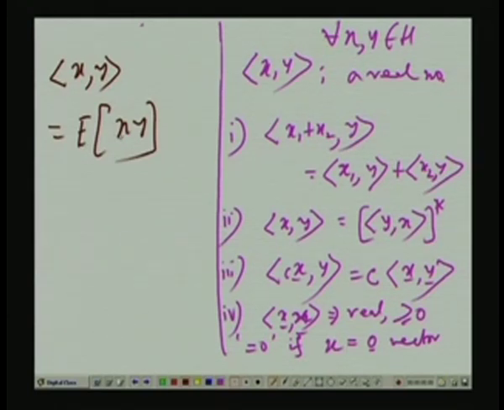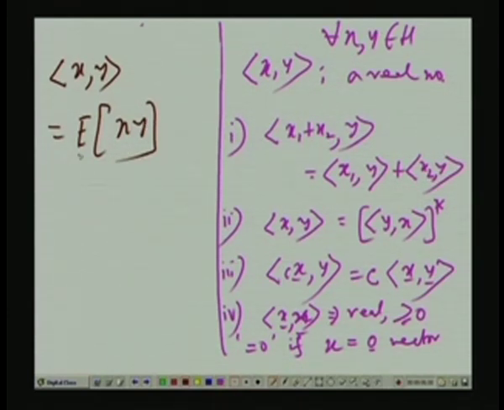Similarly, for E of cx times y, you can take c out because c is a scalar and therefore non-random, it can go out of the expectation, and you have c times E of xy. This is satisfied. And lastly, the inner product of x with itself is nothing but E of x square, which is the expected power of this random variable, or even the variance you can say, because the mean is 0.